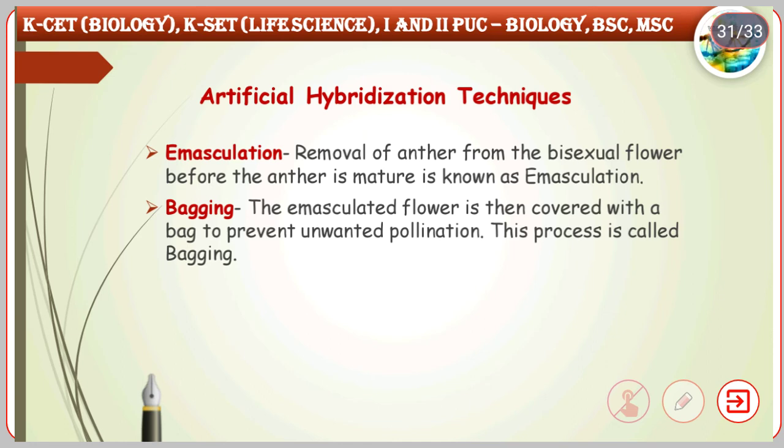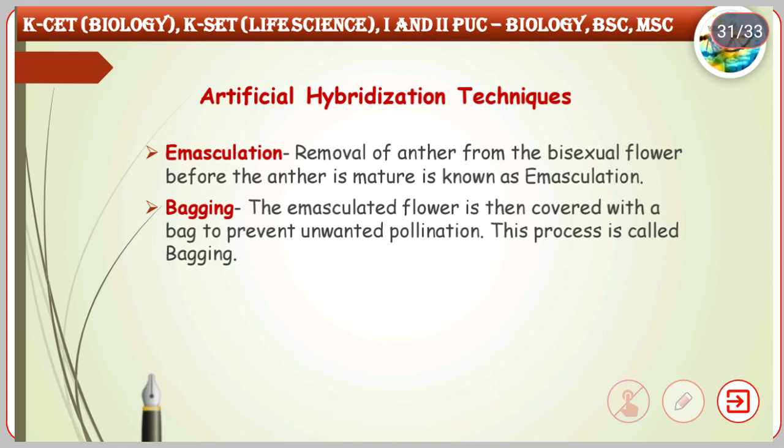The emasculated flower is then bagged, or covered with a bag, to prevent unwanted pollination. If some unmatched pollen grains are shed on the stigma, then germination cannot take place. So this should be prevented, right?